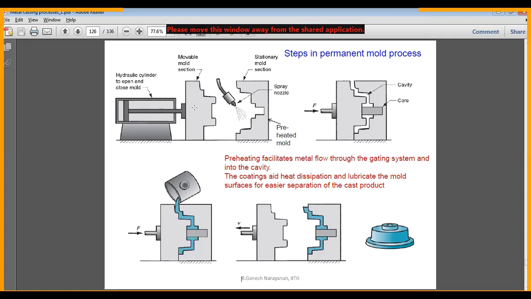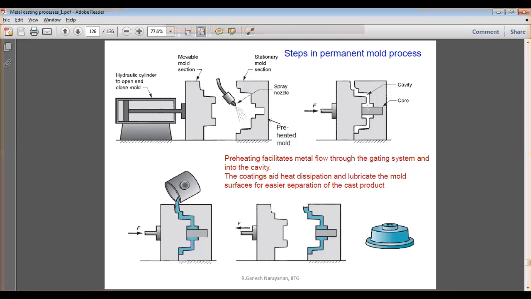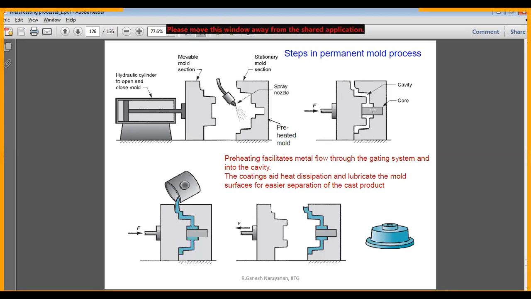The movable jaw is compressed so that it comes closer and creates a cavity. You can see here the cavity, and this is the core that has been placed for producing holes in the casting.